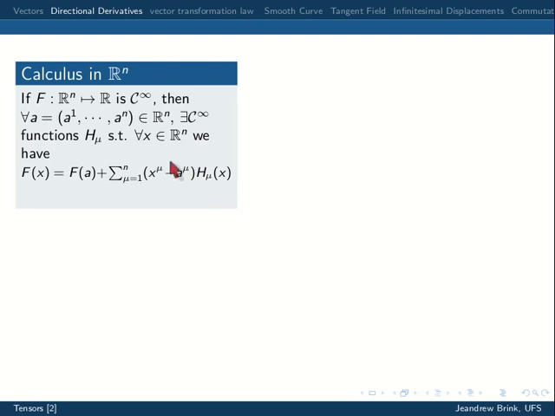Okay, this thing, you don't need that. It's a much stronger statement. All it says is that any function can be written as the function evaluated at the point plus x minus a mu, where you've actually taken out the deviation of the function in every single direction from the point multiplied by another function h of mu, which is continuous.